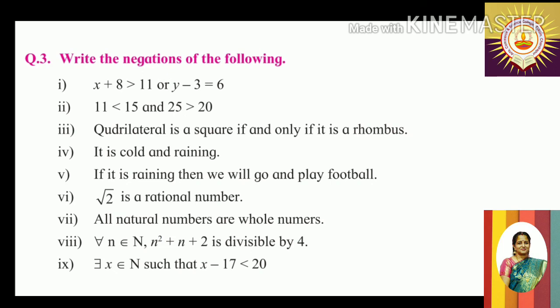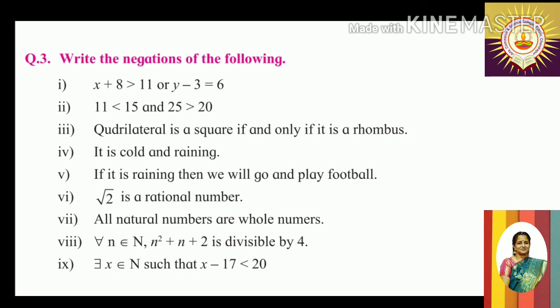Solve the fifth example. I am telling you only the symbolic form of the given statement. If it is raining, then we will go and play football. What is the symbolic form of the given statement? There are two connectives, if-then and 'and'.